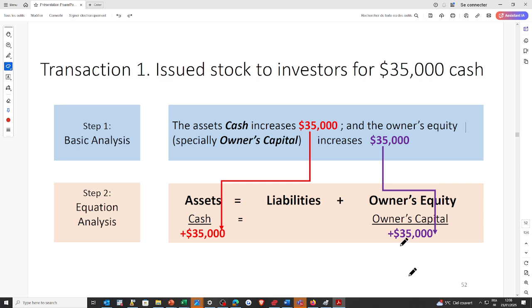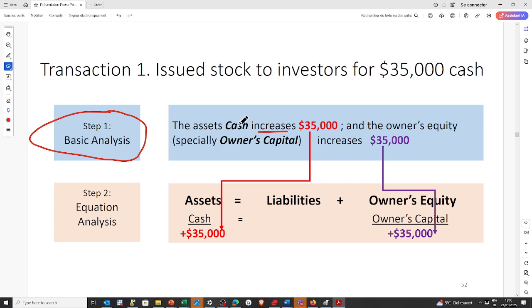You know that for every transaction, try to do two steps. The first step we call basic analysis. It means that you identify which account will increase or decrease, right? So here for this transaction, you issue stock to investor.